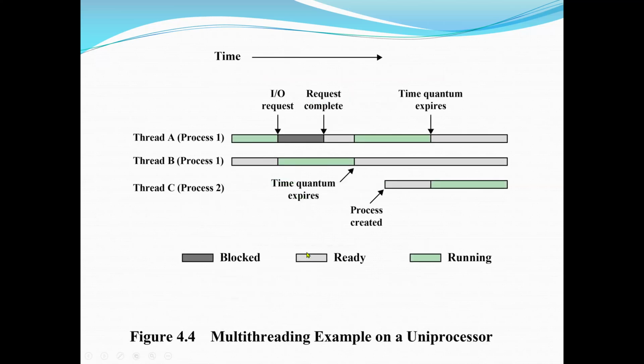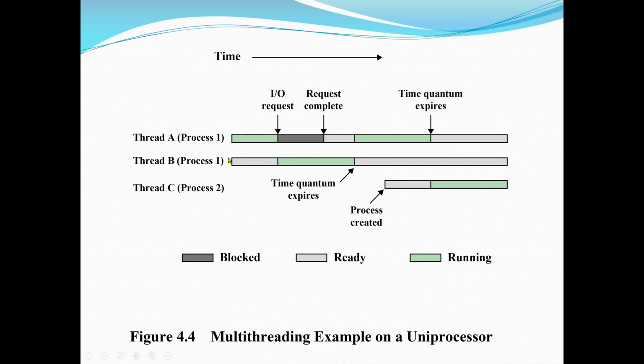So again, uniprocessor multi-programming enables the interleaving of multiple threads within multiple processes. In this example, we have three threads, A, B, and C, in processes 1, 2, and 3.